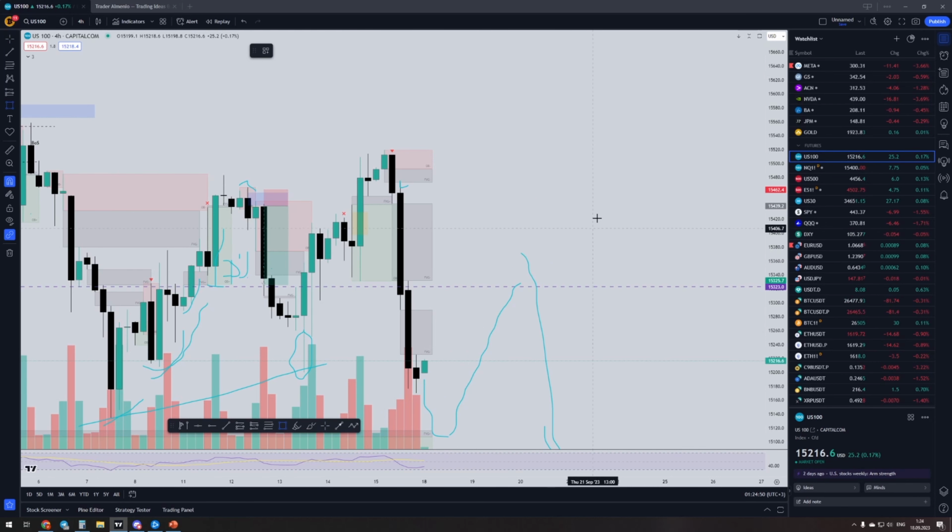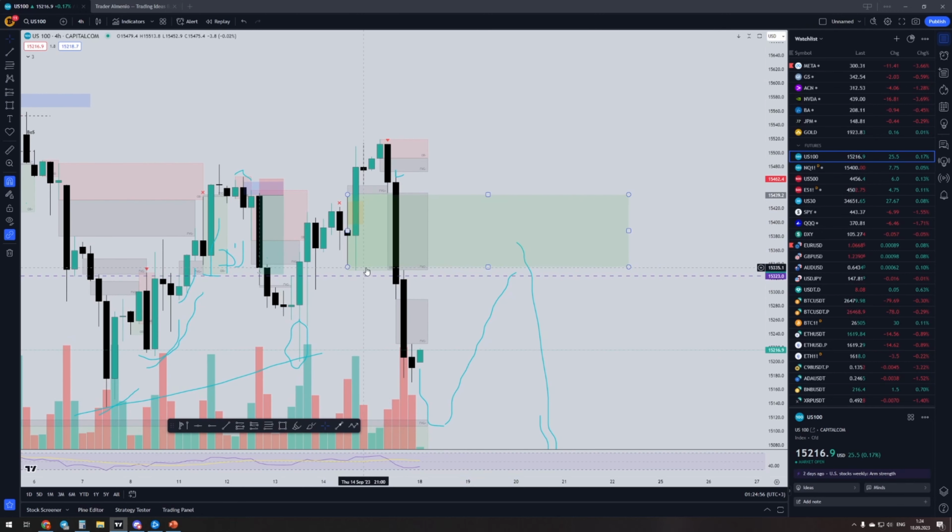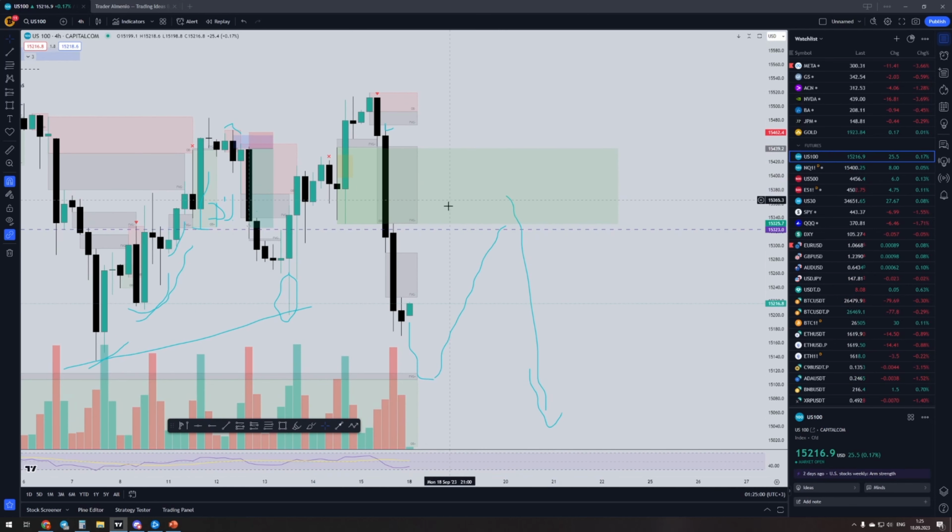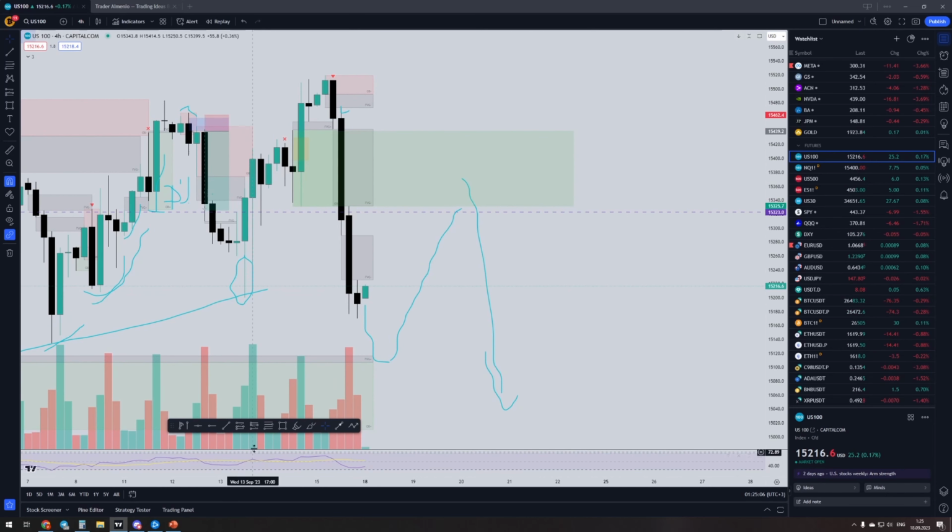It was slammed with this fair value gap, with this one. So next time price comes to this fair value gap, it will also be a breaker block here. So most likely we will get a reaction here, around 50%, on the equilibrium of this breaker block and this fair value gap.